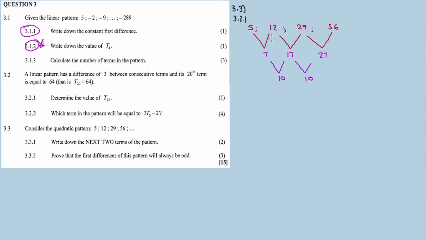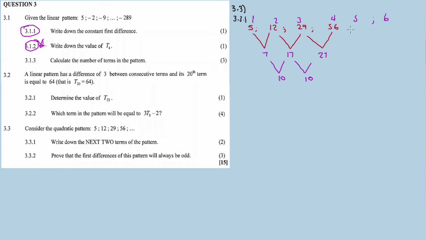Now look, how do you get the 12? Alright, forget about that 12, look here. Term 1, 2, 3, term 4, right? The next two terms are term number 5 and term number 6.